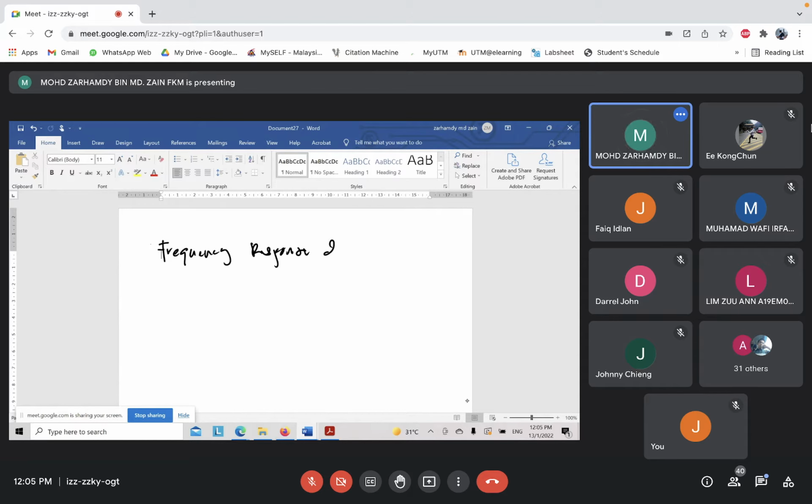What this frequency response data is, I will explain after this. What we will do now is concentrate on the frequency response. Before this, we just concentrated on S, continuous, but now we need to change to j omega. So all the S we need to substitute with j omega to become frequency. Apa yang akan terjadi if we have something like this?